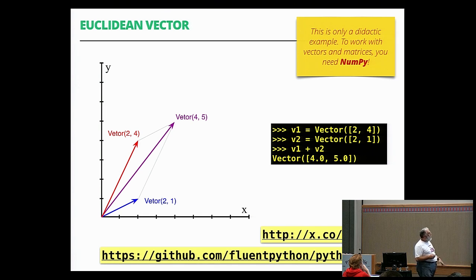So for instance, here we have this vector v1, this other vector v2, and this is the result of the addition of v1 and v2. Basically, you add the components. So 2 plus 2 is 4, 4 plus 1 is 5. And soon we are going to do the exercise.